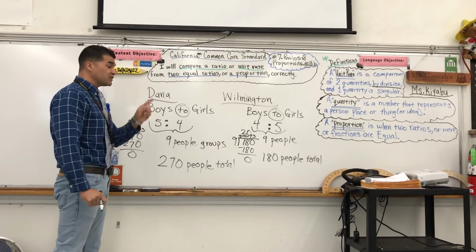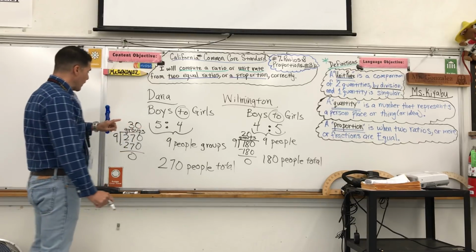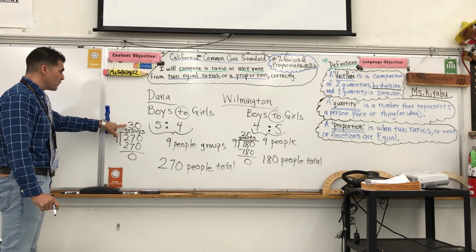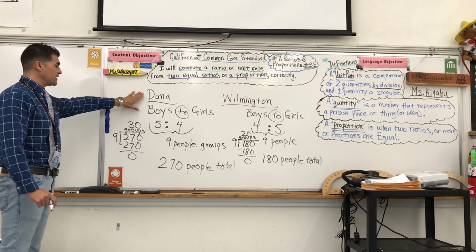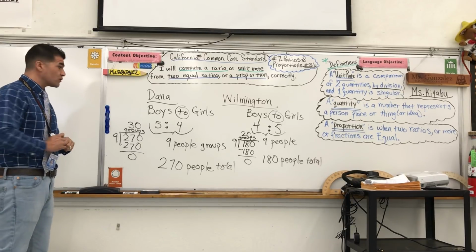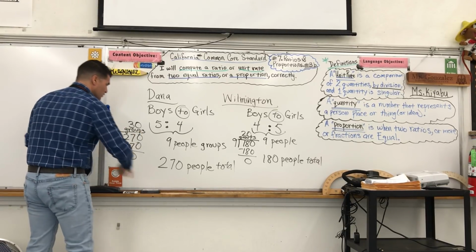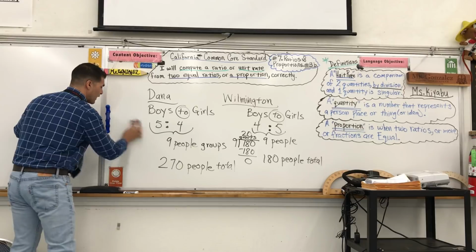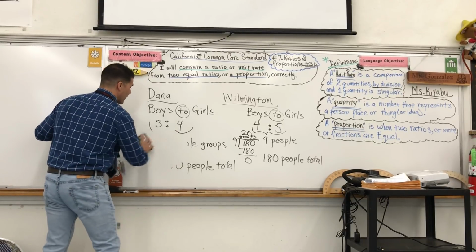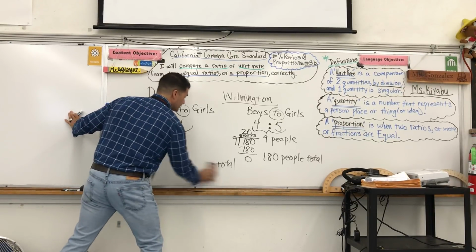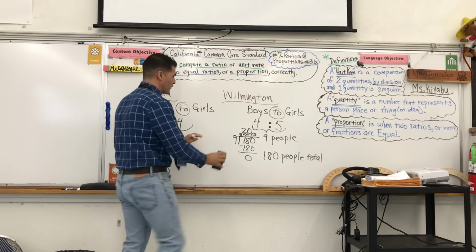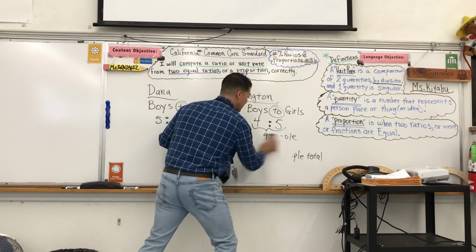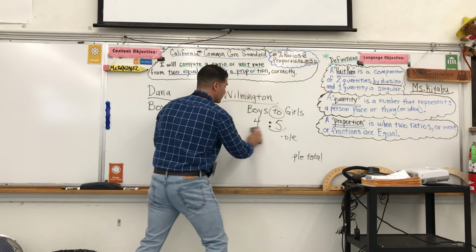Now this is really going to help us. Now we know there's 30 groups of people going into Dana Middle School, and each one of those 30 groups has 9 people. So here's what we can do now. We can figure out the number of boys, and we can figure out the number of girls. We can do the exact same thing for Wilmington Middle School.